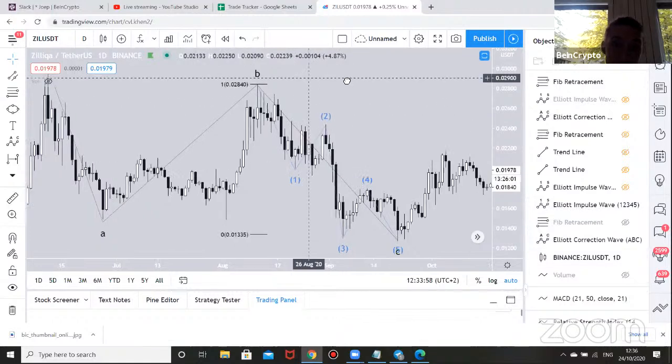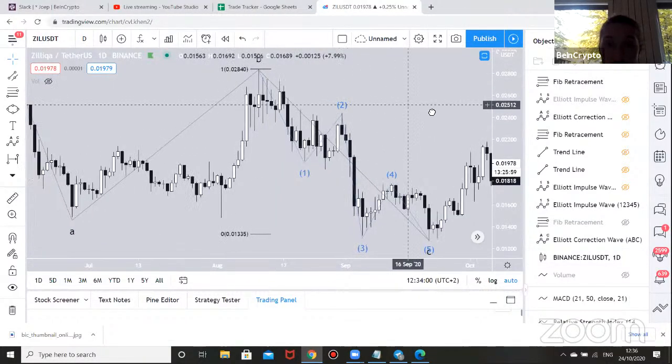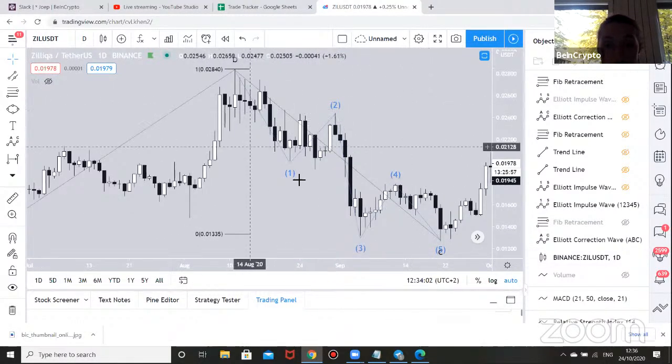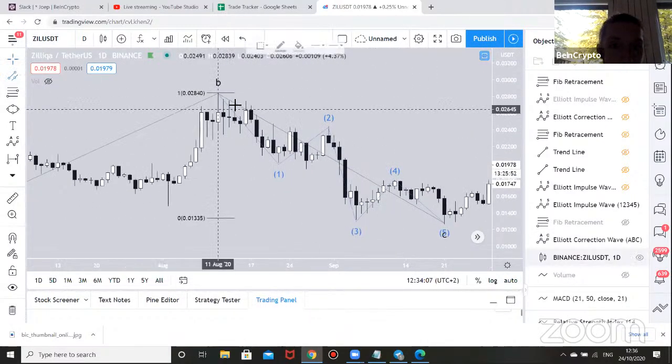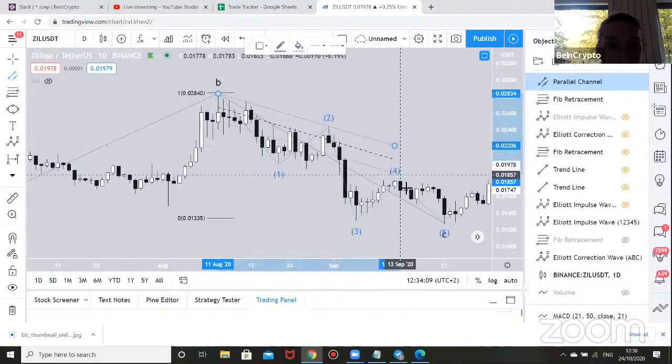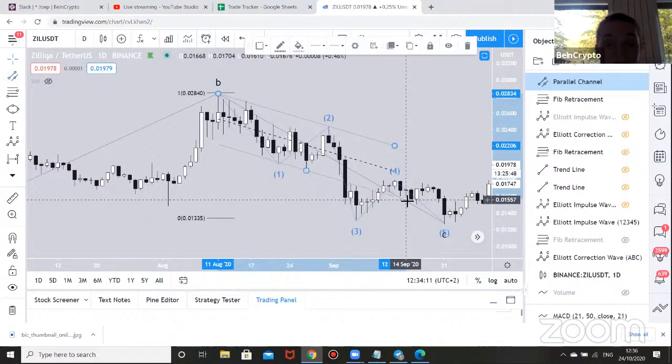Now you have C waves transpired inside an impulse, right? So there's a 1, 2, 3, 4, 5 wave count down. Again, fourth wave.